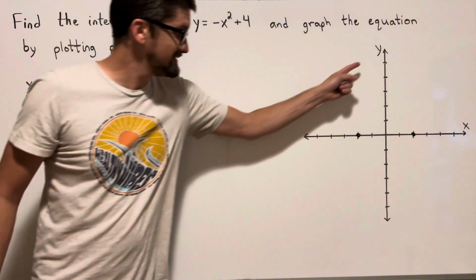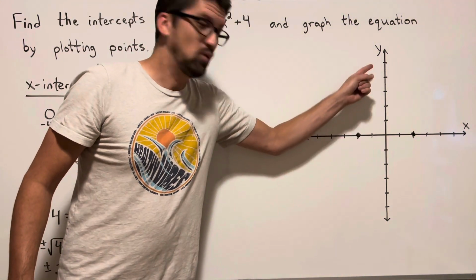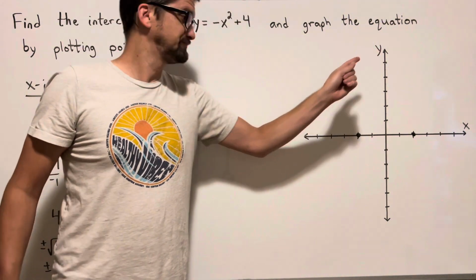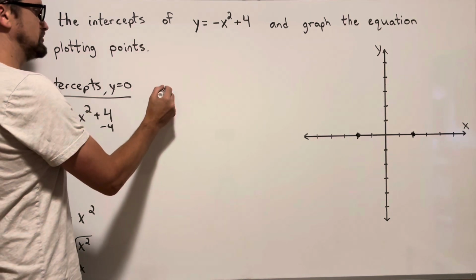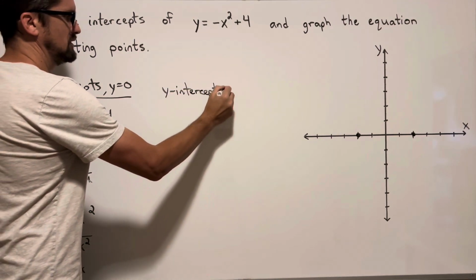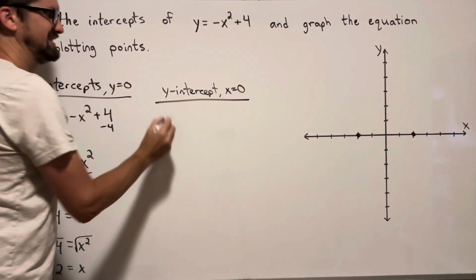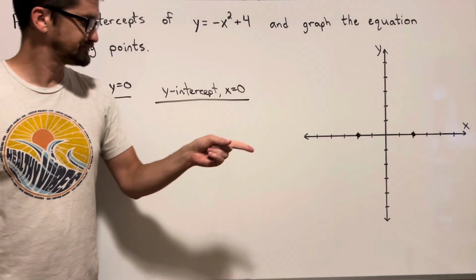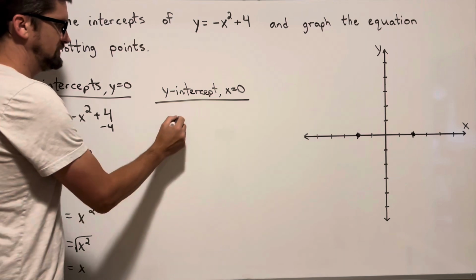The y-axis is going to be where the x is 0. So if you want the y-intercept, you're going to plug in 0 for x. So plugging in 0 into the equation.